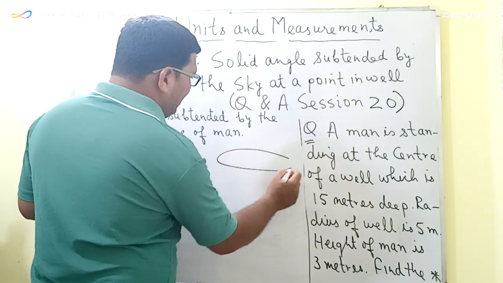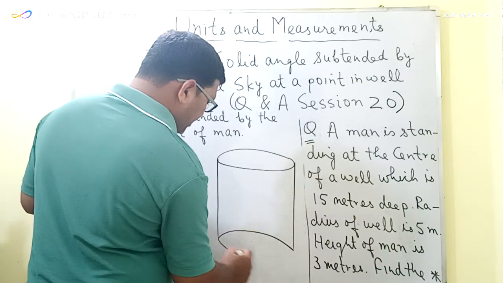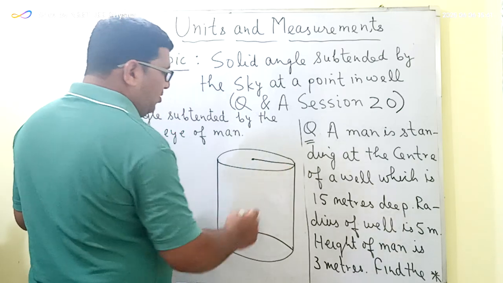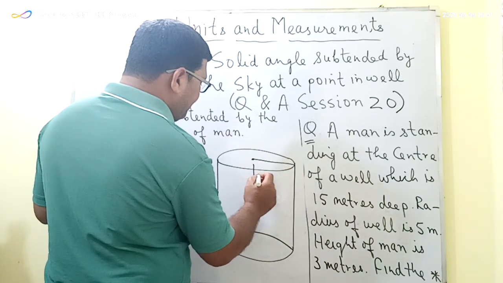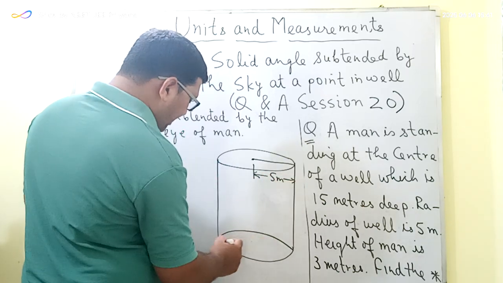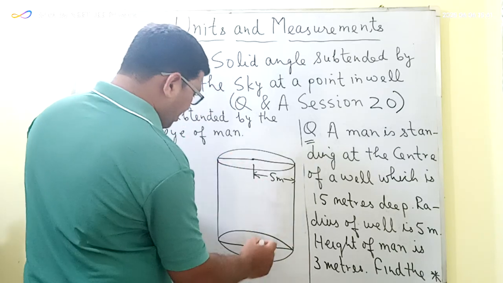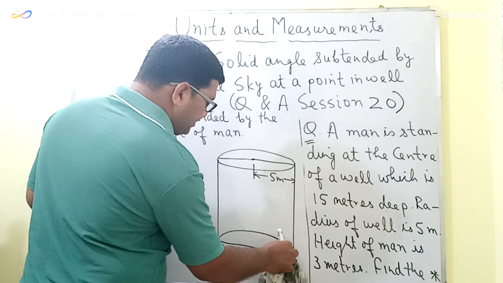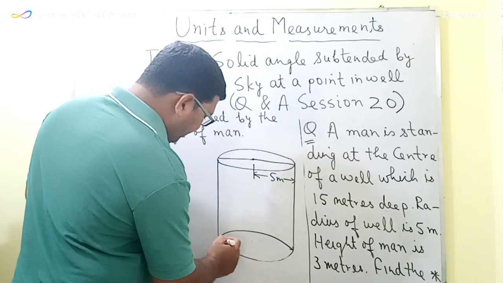So here this is the well. The radius of the well is 5 meters, so this is 5 meters. And the depth of this well is 15 meters.